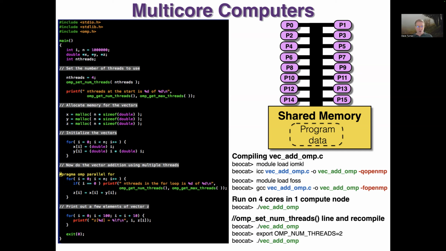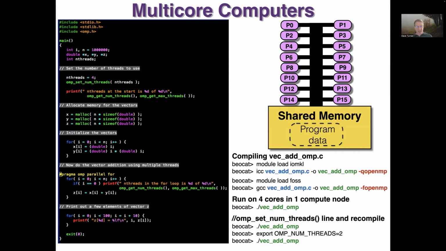That's the core of the work down there: we simply put a pound sign, which will be taken as a comment by the compiler, and the pragma says omp for OpenMP parallel for. So I'm going to parallelize the for statement that follows. So we're going to parallelize the vector addition there.